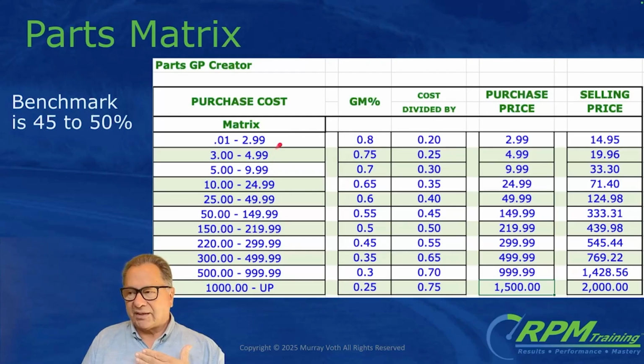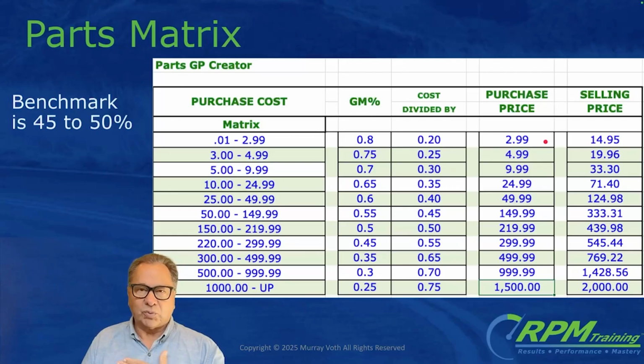So let's just take a look at the penny to $2.99. We want to achieve a gross profit margin of 80%, and so we divide our cost by 0.2, or by 20%. So in this case, $2.99 divided by 0.2 gives us $14.95. That's our selling price, and then our gross profit is the difference between $14.95 and $2.99.